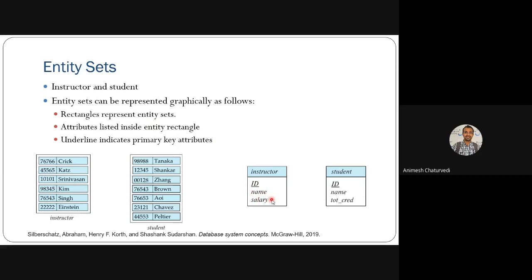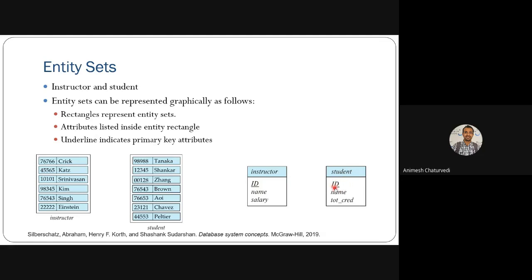So only one unique ID will be there for a particular person, and the second ID would represent another person, and the third ID would represent a third person. There's no possibility that an ID could represent two different persons. So this is what is meant by primary key. The underline marks the primary key. Then the student has the roll number as the ID.